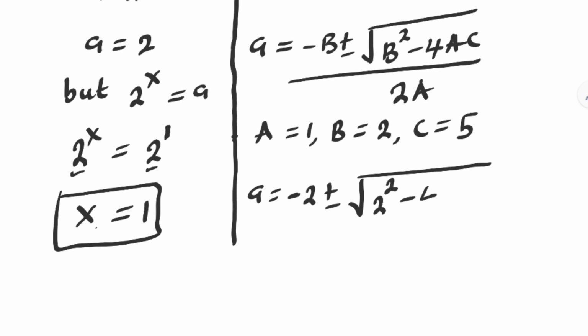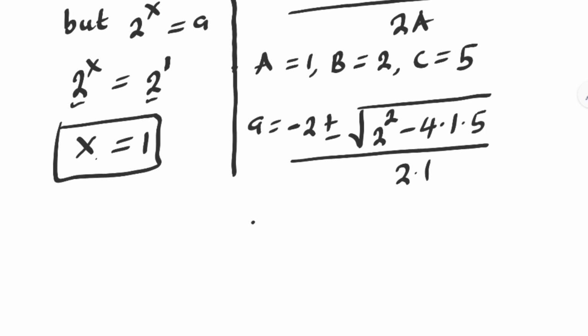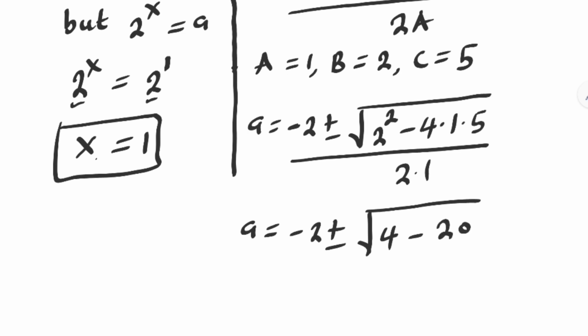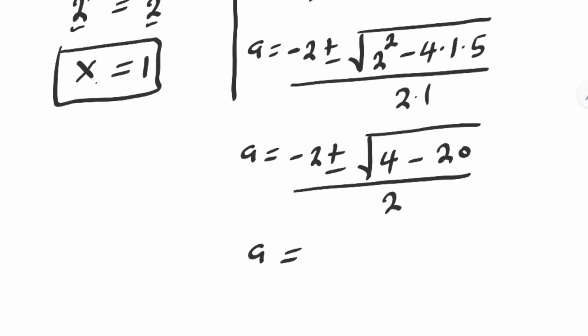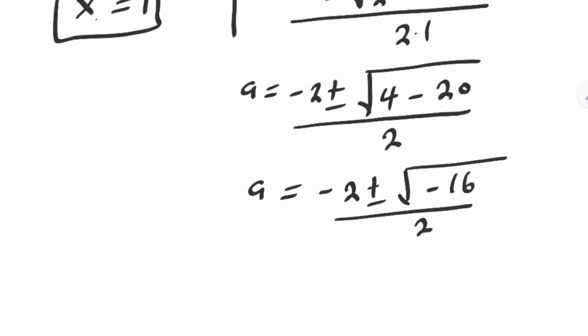A is equal to minus 2 plus or minus square root of 2 square minus 4 multiplied by 1 multiplied by 5 over 2 multiplied by 1. A is equal to minus 2 plus or minus square root of 2 square, that is 4, minus 4 times 1 times 5, that is 20, over 2 multiplied by 1, 2. A is equal to minus 2 plus or minus square root of 4 minus 20, that is minus 16, over 2.